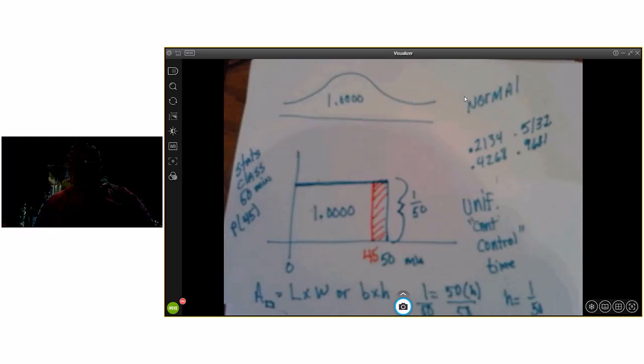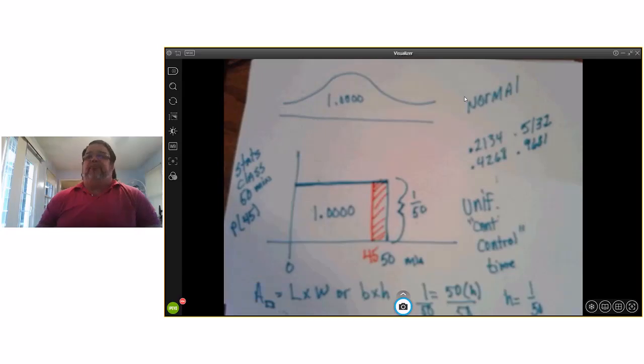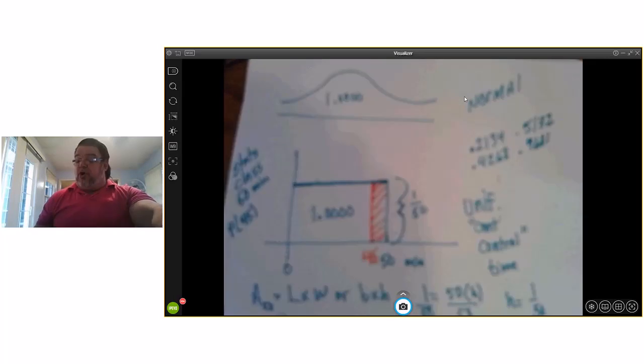So what is the width of that orange area? Somebody tell me. I want y'all to tell me. I don't want y'all to be quiet. What's the width of the orange rectangle?